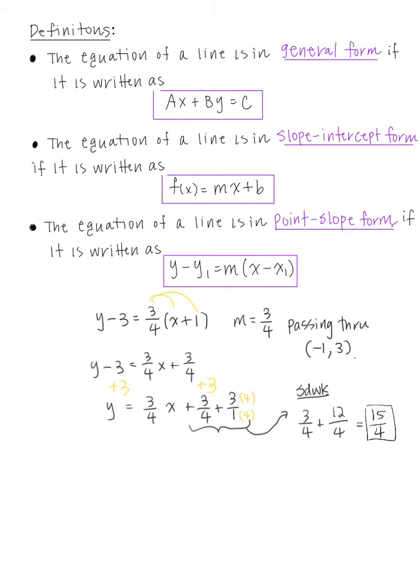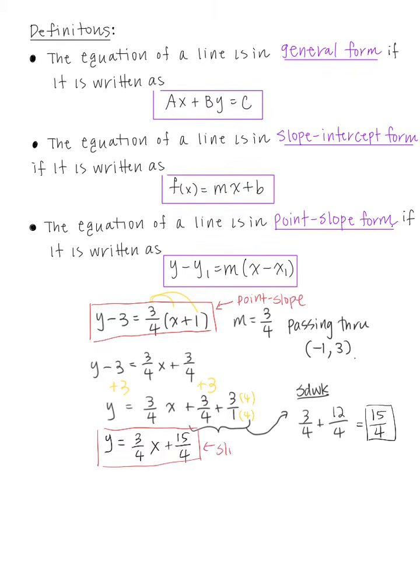So our slope-intercept form of the equation of the line is going to be y equals 3 over 4 x plus 15 over 4. So let me just box that and then box this. All right, so again, this is in the point-slope form, and then this is in slope-intercept.